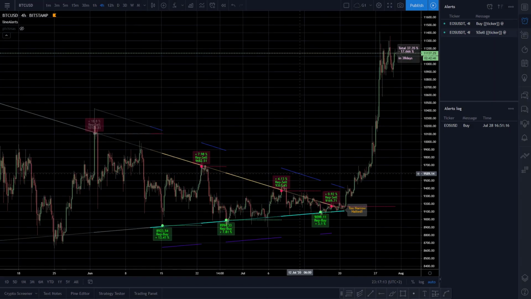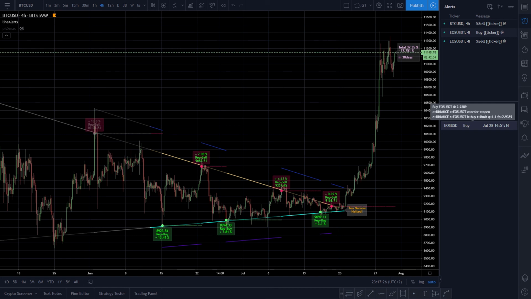But don't worry, after clicking continue anyway, the alert will be created. When 1 or more alerts have been triggered, the alerts log will show them. Holding the pointer above a triggered alert message will show the exact message with actual values instead of placeholders.